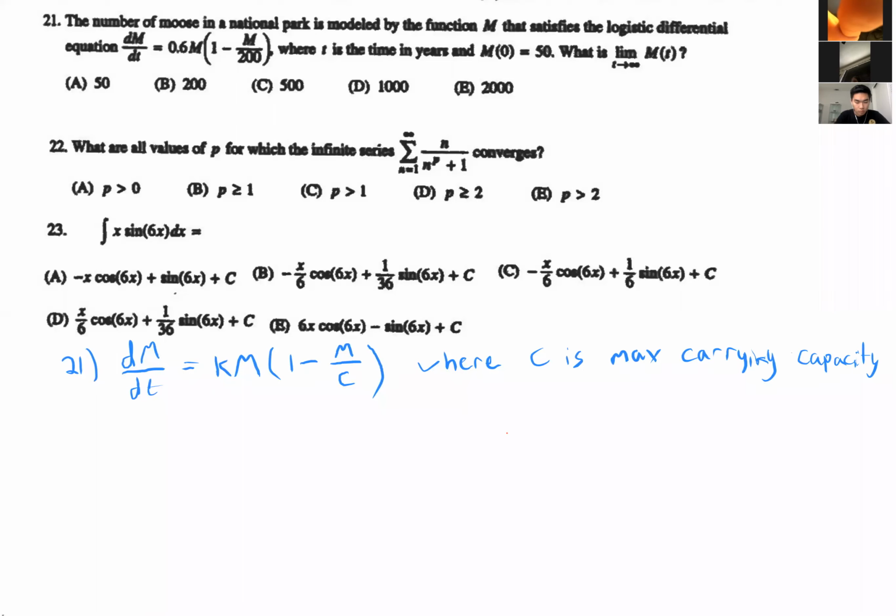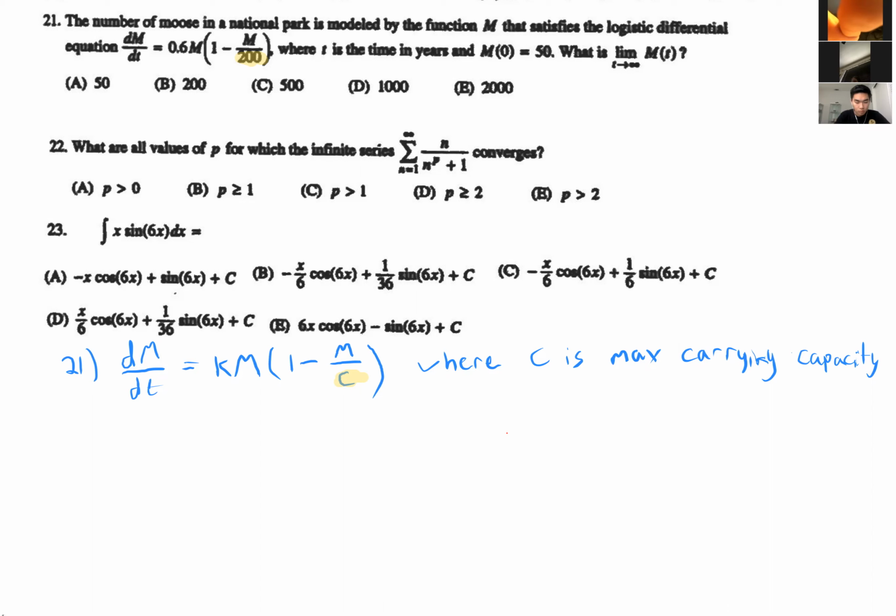Okay, so here, if you write it this way, C, if it's in this form, you can factor out a C if you wanted to.